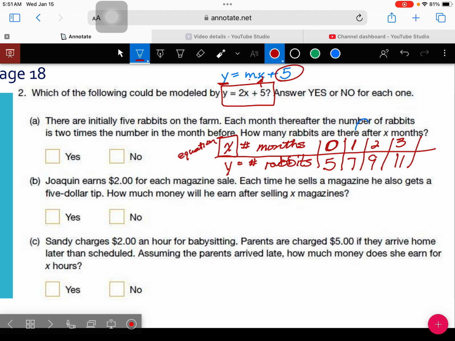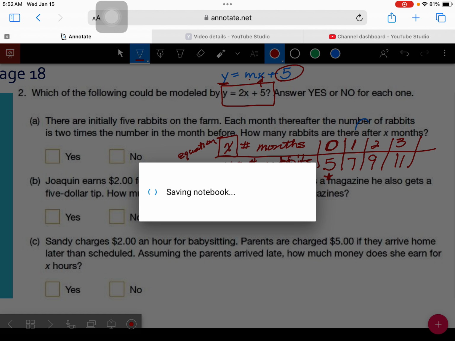Okay. So then it says, looking back, there are initially 5 rabbits on the farm. Okay, initially, I do have that. Each month thereafter, the number of rabbits is 2 times the number than the month before. Okay, so as I look, the next one I get is 7 to follow along with my equation. That is not 2 times my previous month, which was 5.